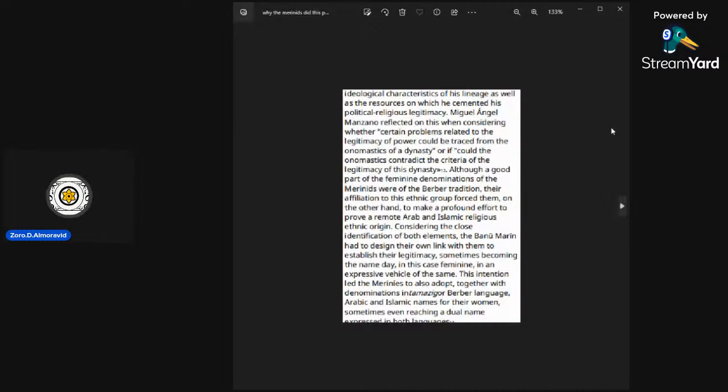The problems related to the legitimacy of power could be traced from the onomastics of a dynasty. If the onomastics contradicts the criteria of the legitimacy of this dynasty, then we're going to find a lot of rebellions, dynasties being overthrown, and stuff like that.